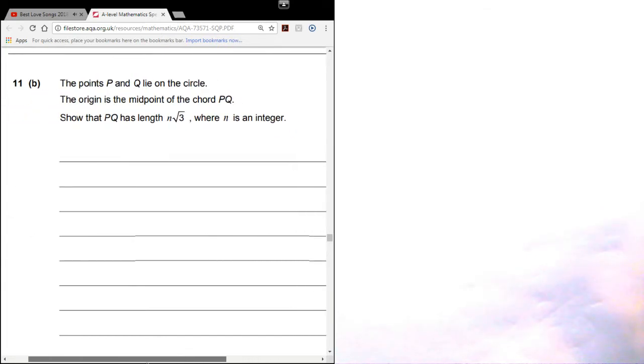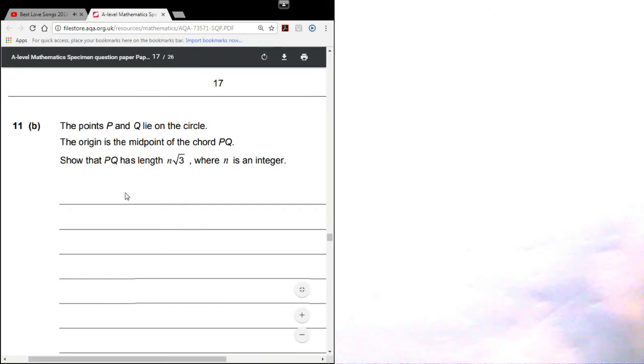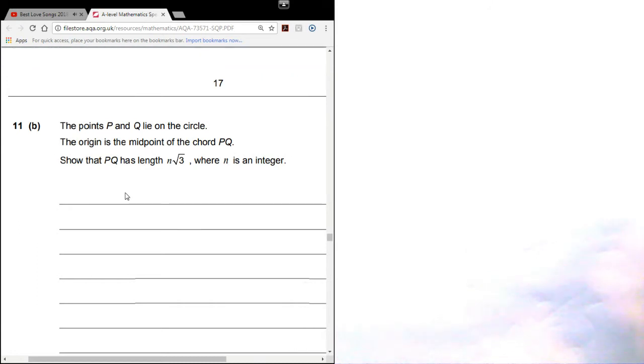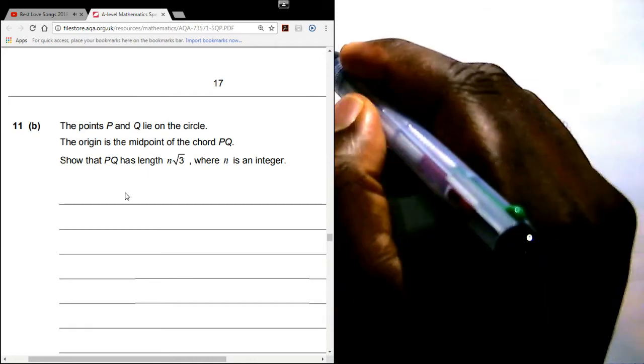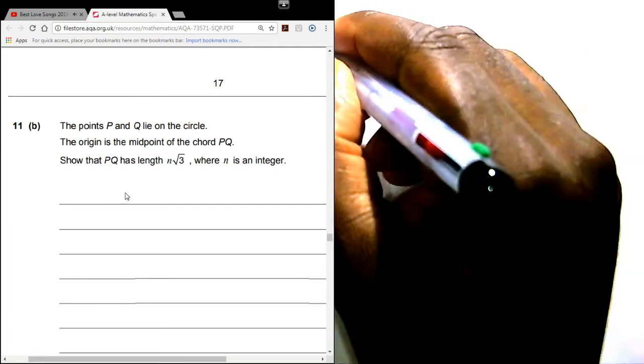We have to be extremely careful here, don't you think? The points P and Q lie on the circle. Fine, no problem. We know a lot of things about the circle now. We know the center of the circle. We know the radius of the circle. We know the equation of the circle. So we're not scared to deal with points P and Q. It says the origin is the midpoint of the chord P and Q. So we have the circle.